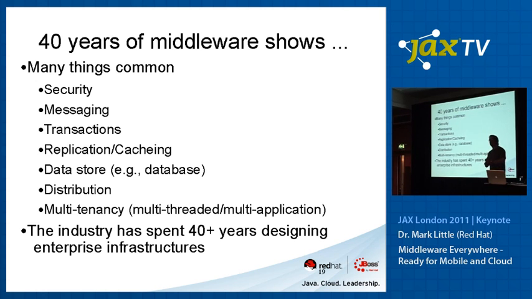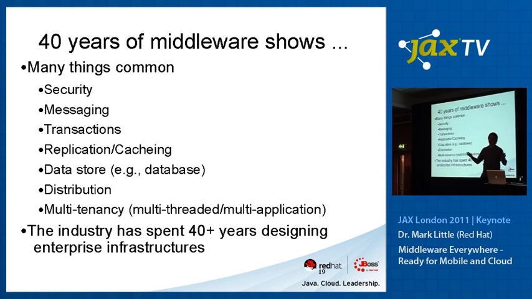And one of the things that 40 years of middleware evolution has taught us, I believe, is that there are many, many things in common. It does not matter whether you're doing this on a Microsoft platform, a Java platform, a C++ platform, or, going back even further, a COBOL platform. To do real-world enterprisey apps, you need things like security, high-performance messaging, transactions, replication, and caching.